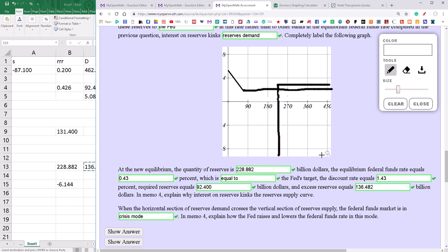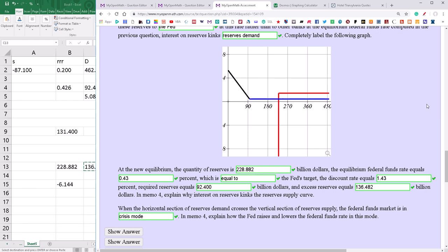So if the Fed wants to raise interest rates, it just simply does it by decree. It just raises the interest on reserves, and then also at the same time it raises the discount rate. So we can close out and call it good on part 4.